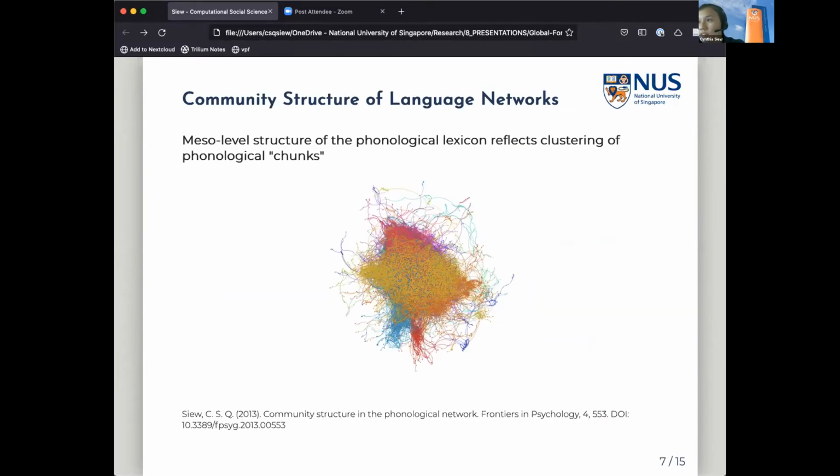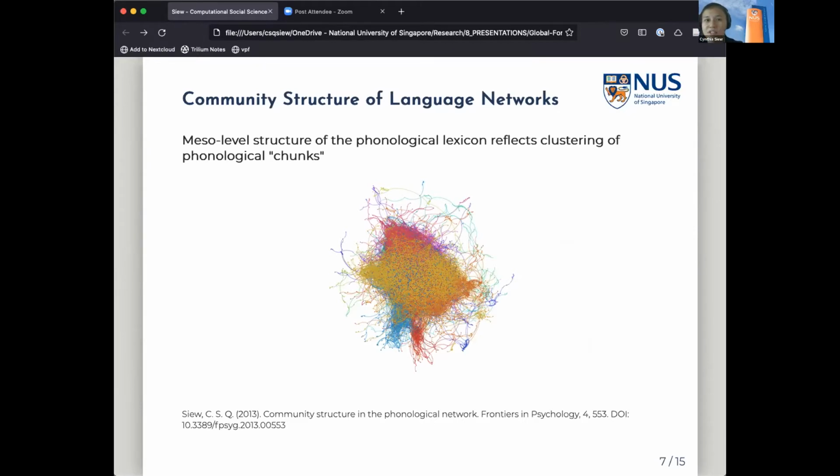Very quickly, what you can also do with network analysis is look at something known as the meso-level structure of the network. You can apply community detection algorithms, which find subclusters of nodes in the network that are more densely connected to each other than to nodes outside of the cluster. We call that a community.